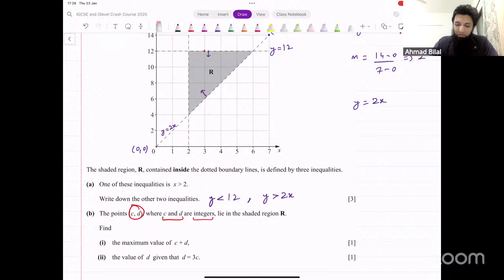Let's mark them. Notice the axes first of all. On the horizontal axis, the x coordinates inside the region could be 3, 4, and possibly 5. Because 6 is on the boundary, we cannot consider that. 2 is also on the boundary, we cannot consider that. So inside the region, we can only have 3 possible x coordinates: 3, 4, and 5.